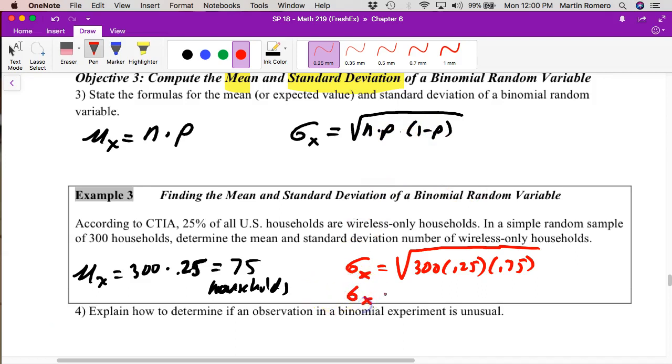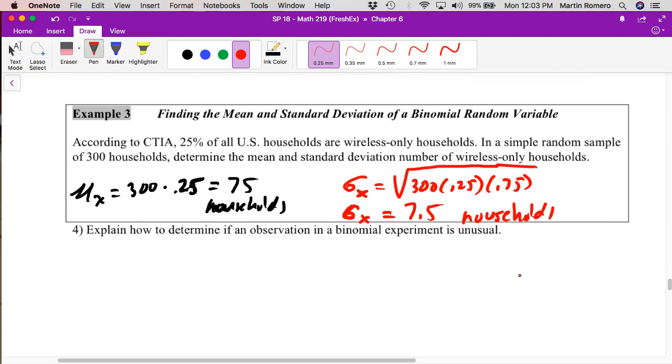In this case, the standard deviation, that's the population standard deviation, is what we get here. If you type this in correctly, you get a value of 7.5, which is just coincidental with the 75%. 7.5 households would be the standard deviation.